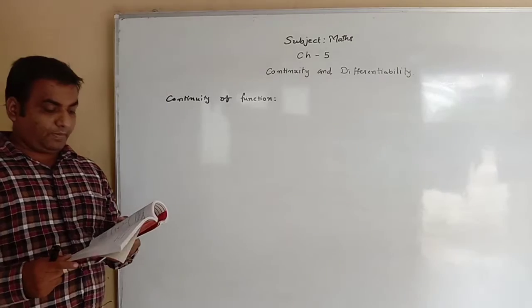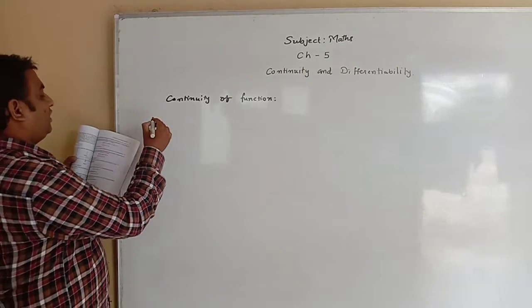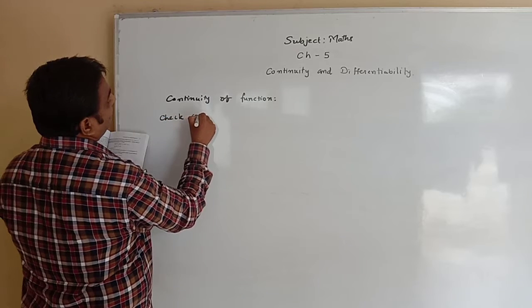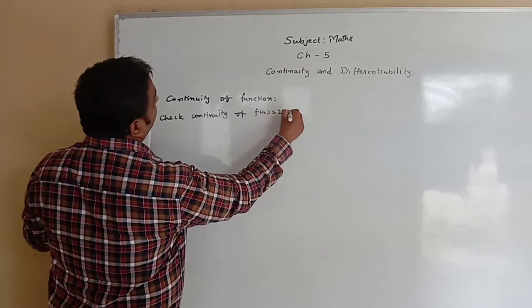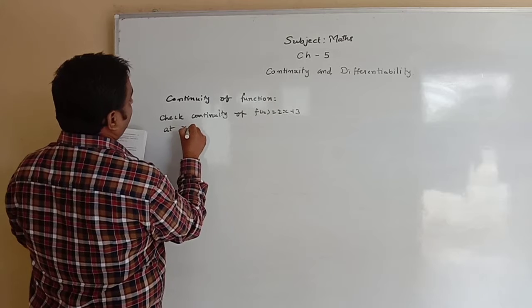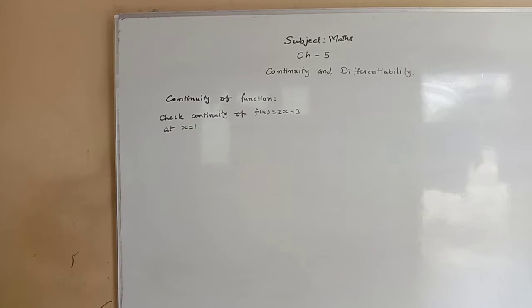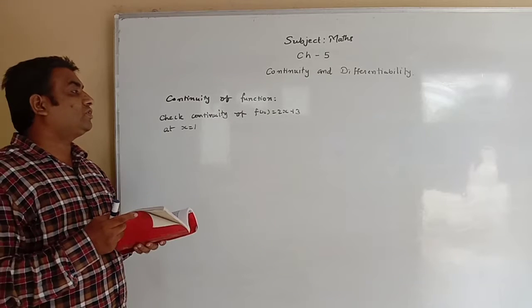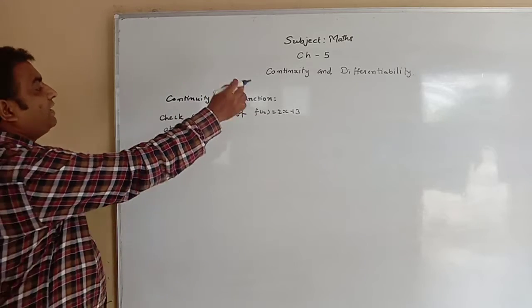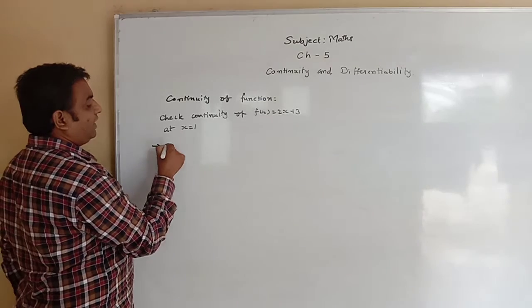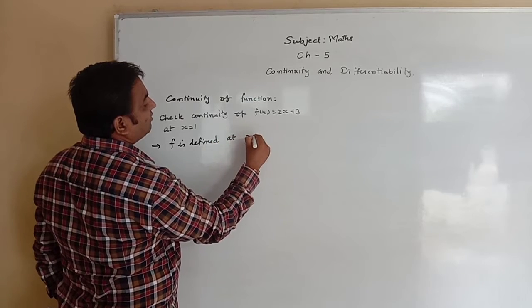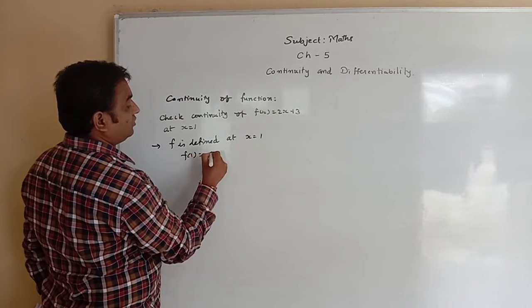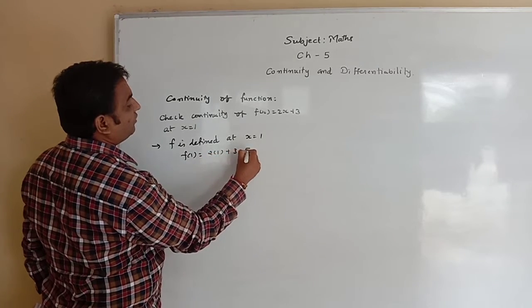So let's see some examples. Example number 1: check the continuity of f(x) equals 2x plus 3 at x equals 1. f is well defined at x equals 1, so f(1) equals 2 into 1 plus 3, that is 5.